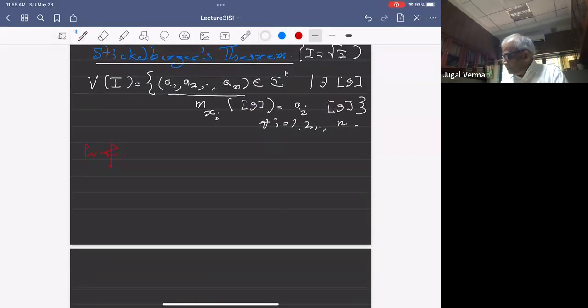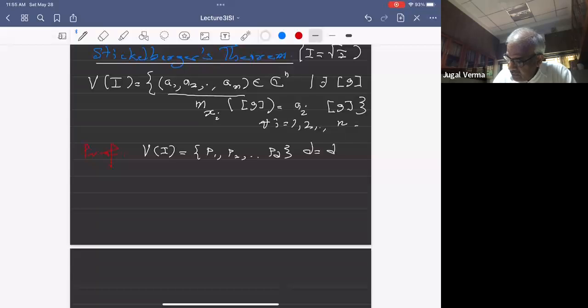We know that V(I), the set of solutions, consists of D points, where D is the dimension of R mod I. It can be less than D points if I is not a radical ideal. We understood this last time. But I'm assuming I is a radical ideal and D is the dimension, then there are D solutions.